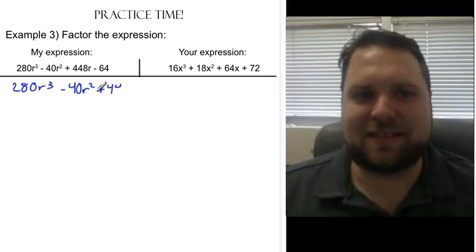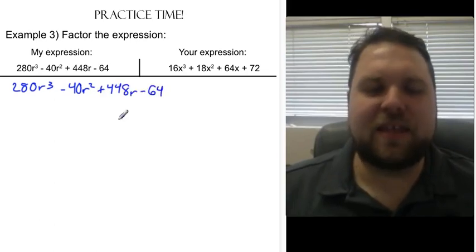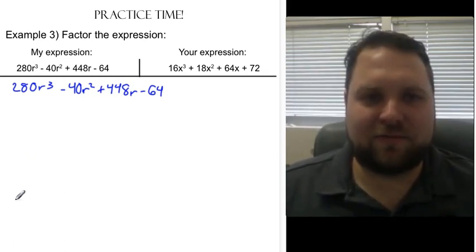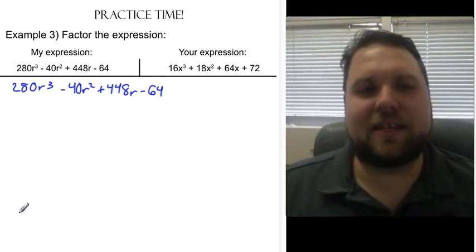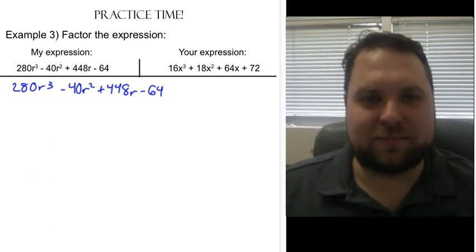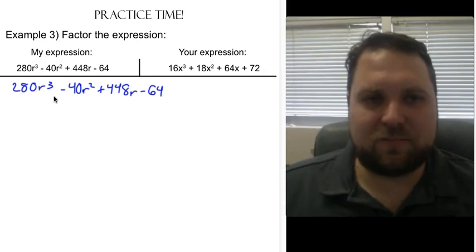Well, guess what? If I write down all four of the factors on this, it turns out there is, in fact, a greatest common factor that I can pull out of all of these. It turns out I can pull an 8 out of every single one of these terms.